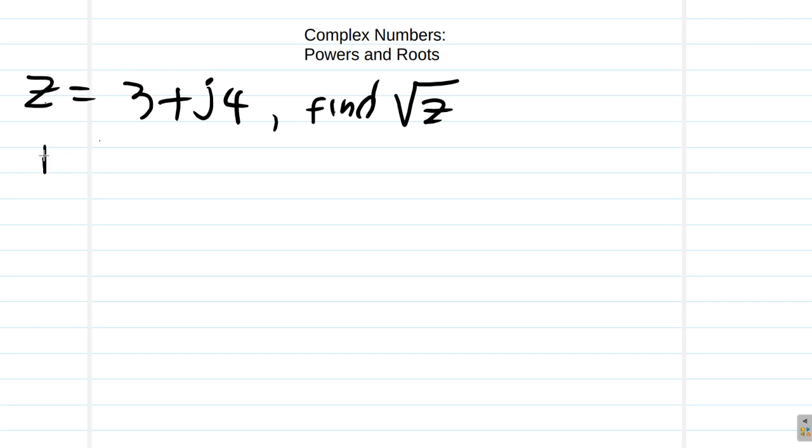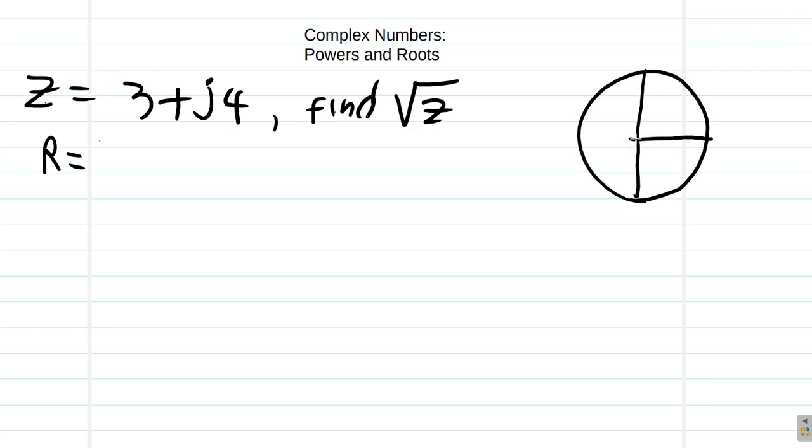Here, the magnitude of a complex number, and by the way, let me just do some visual representation of it. The complex number is 3 plus j4. So if it's here, then you go out 3 and go up 4.